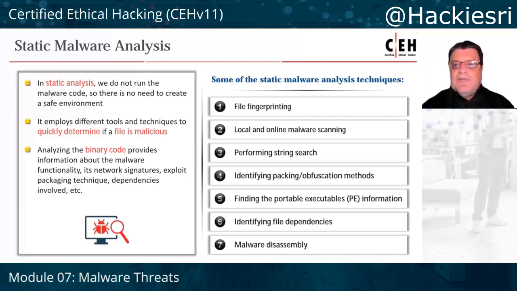Some of the static malware analysis techniques include file fingerprinting, local and online malware scanning, performing string search, identifying packing and obfuscation methods, finding the portable executable information, identifying file dependencies, and malware disassembly.